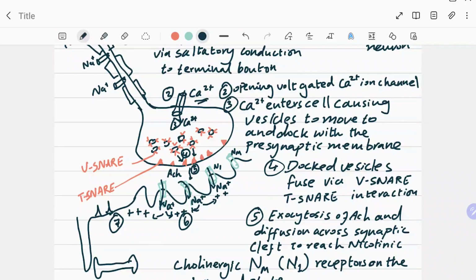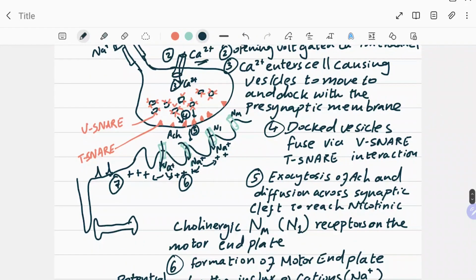Only a few of them are selected, and don't worry, we have 100,000 other vesicles still over there in each terminal bouton.